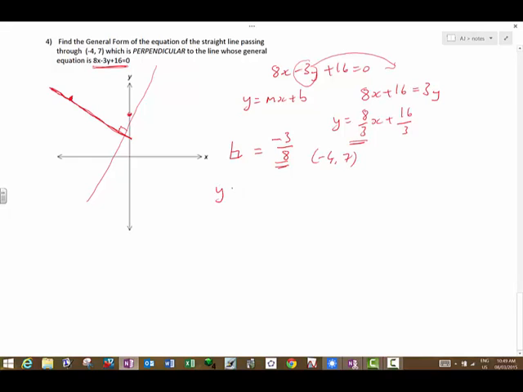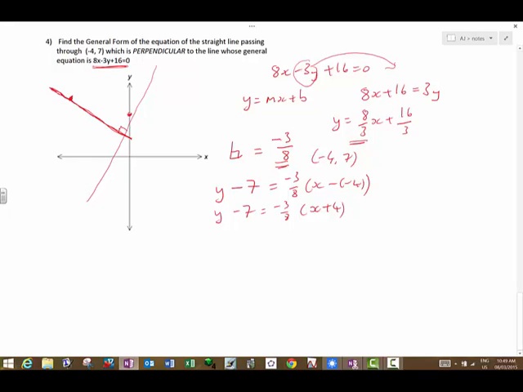So y minus the y coordinate is equal to the slope times x minus the x coordinate. Let's simplify the right hand side a little bit. Y minus 7 equals minus 3/8 times x plus 4. And again, the whole purpose of the general equation is to get rid of any fractions.